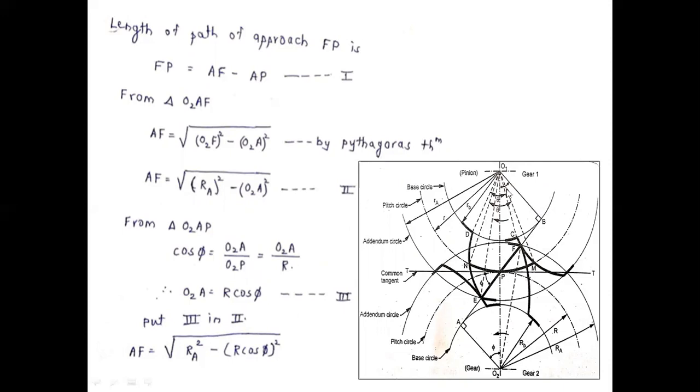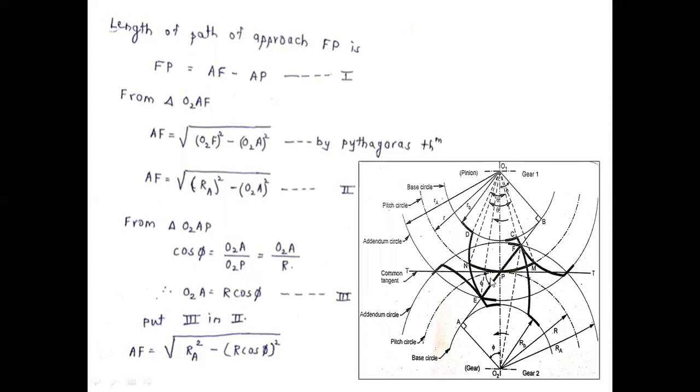Again, this angle is phi. O2B and O2P, these two lines make angle phi. O2B is perpendicular to EB, so this angle is 90 degrees. So again from Pythagoras, in this triangle we have to find out EP.